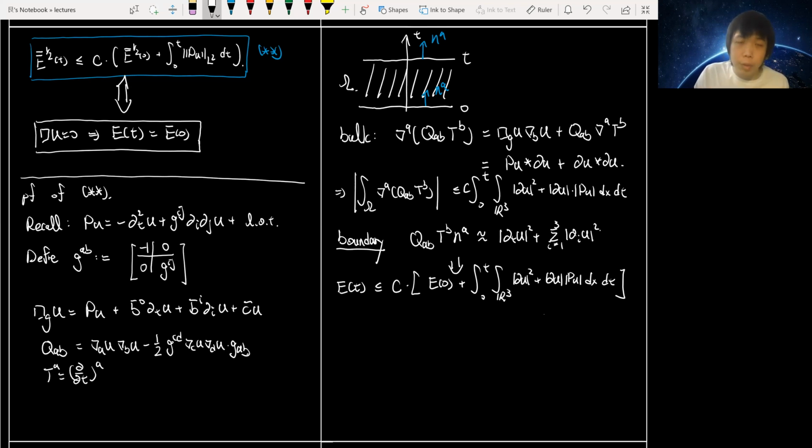Okay, now we need to deal with the fact that in E bar, we need a zeroth order term. We need the base L2 norm. But that's simple. u(T,x) is u(0,x) plus the integral from 0 to T of dt u dt. Well, just the fundamental theorem of calculus. Take the square and integrate it.